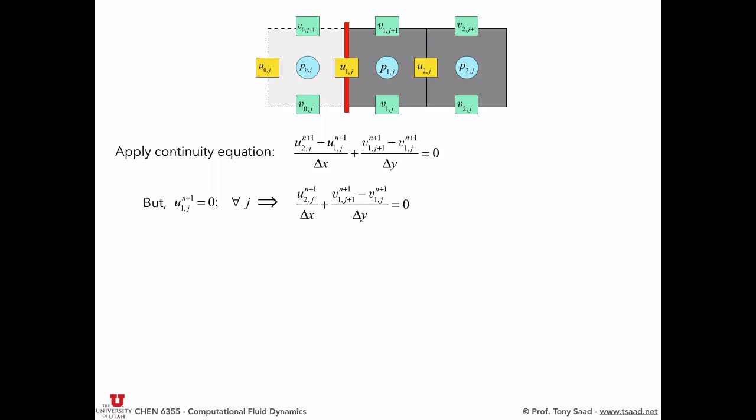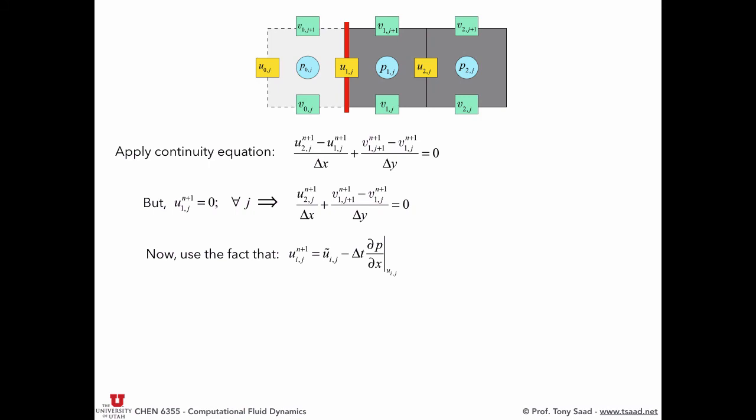Now, how can we convert this to something related to the pressure? We're going to say, because we said from the beginning, that u n plus 1 is u tilde minus delta t dp/dx, and dp/dx is evaluated at uij.